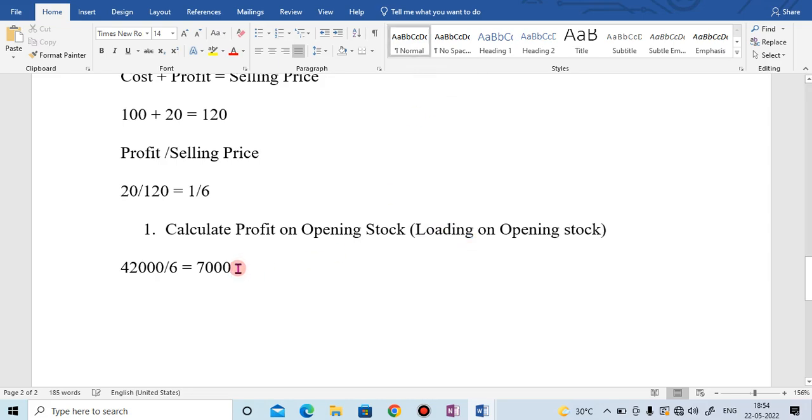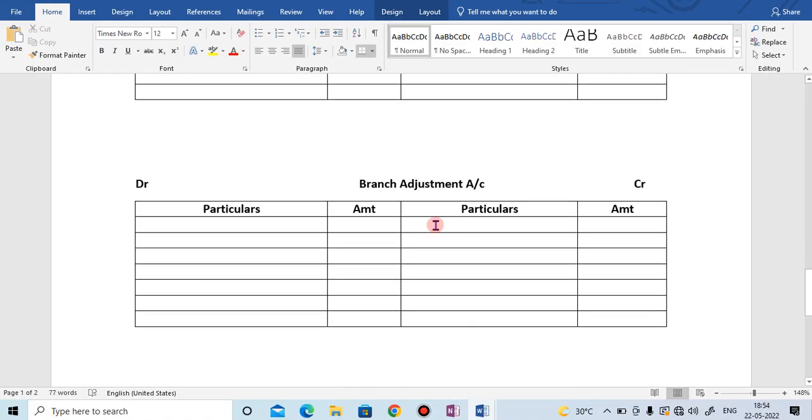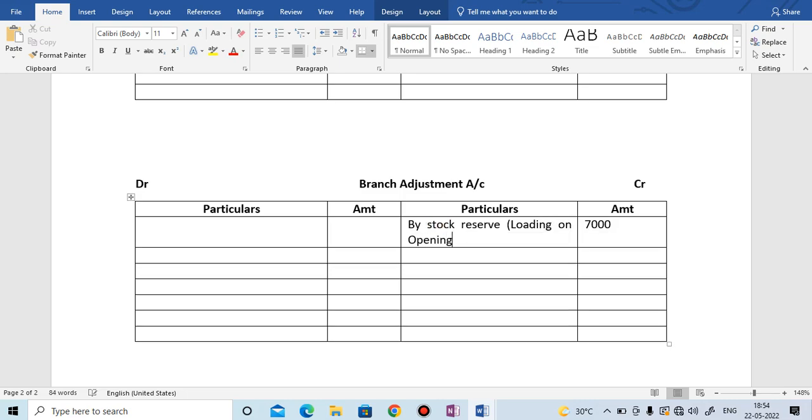This 7,000, you will pass this entry in branch adjustment account, by stock reserve 7,000. Reason, loading on opening stock.